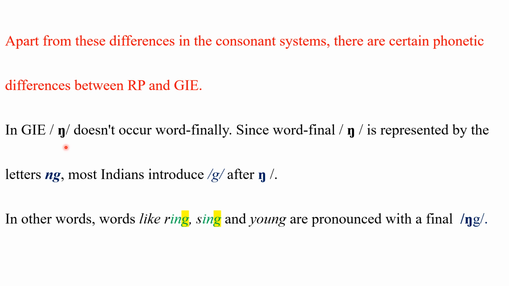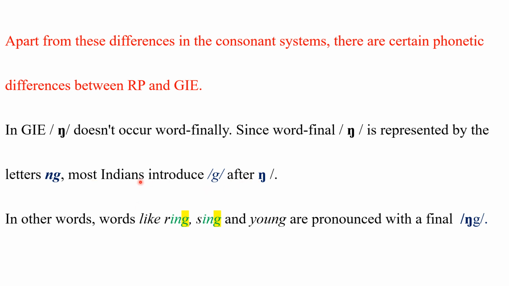So those are called nasal sounds. Nasal sounds are represented by M, N, and NG. So these three are nasal sounds. The word final is represented by the letters NG. For example, let's see RING. So this is a sound ING, NG.